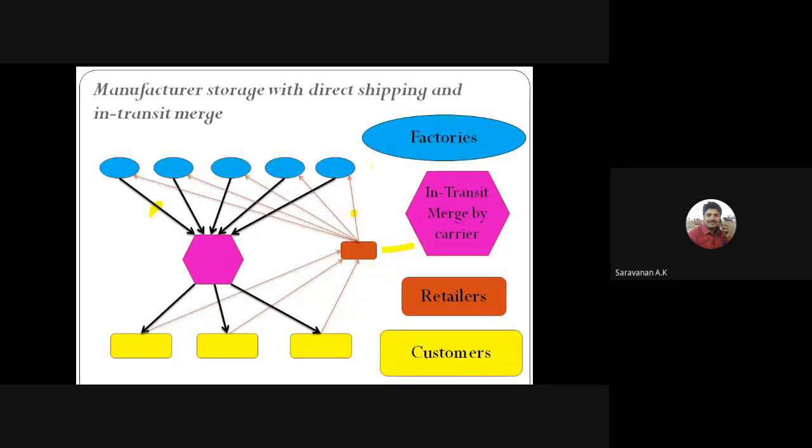The different products from different factories have to be sent to one place, called the in-transit merge place, that is the warehouse or distribution center, and there the final assembly or customer requirement has to be fulfilled by the third party carrier.